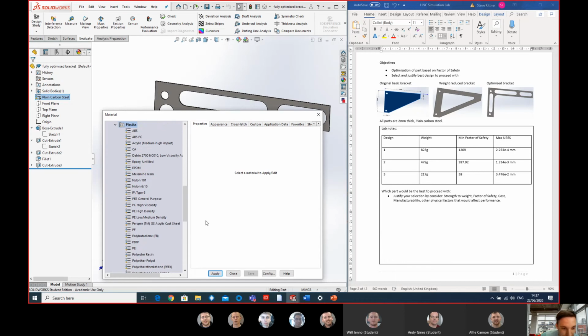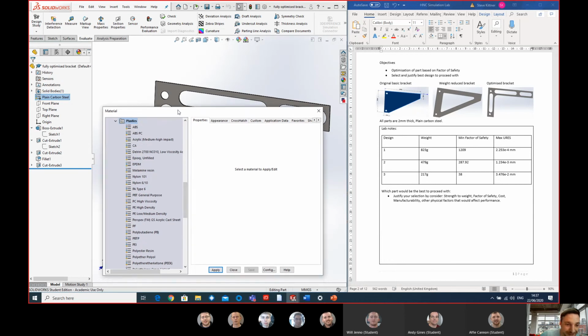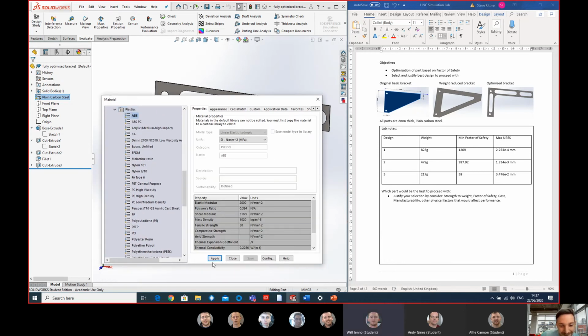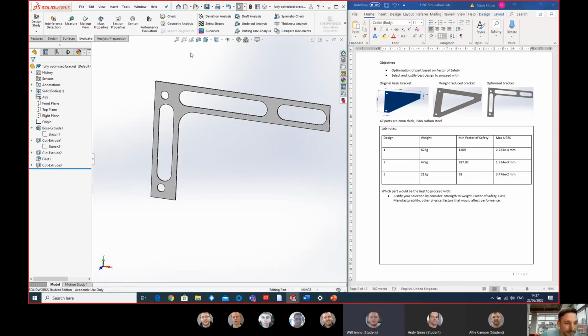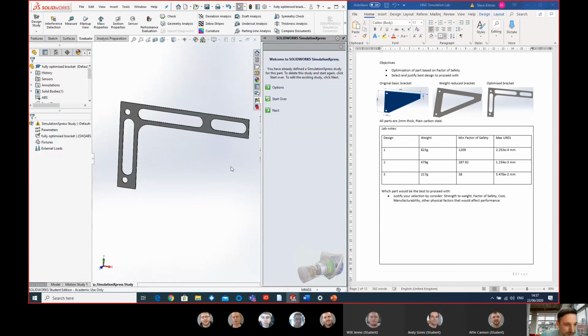Should we try one out of plastic? Just run a simulation? Let's have a look. Let's do ABS, which is quite a tough plastic. Let's just quickly run this. Hopefully we can get it to break.